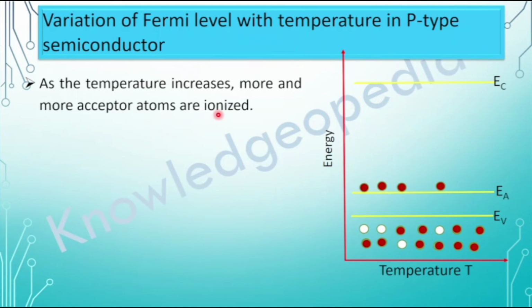And still if I am increasing the temperature, what will happen? These electrons get more and more energy, and if the energy is more than the forbidden energy gap, they will start moving to the conduction band directly. So now slowly we are getting electrons in the conduction band and holes in the valence band. With rise in temperature, slowly the p-type material is converting into an intrinsic semiconductor.